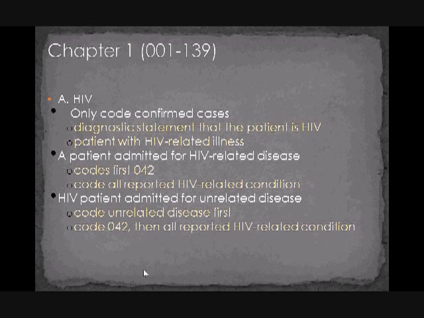Now, if an HIV patient is admitted for something that is unrelated to their HIV, then you should not code the HIV first. You should code whatever reason the person is here, and then afterwards you can code the HIV and any other HIV related illnesses.